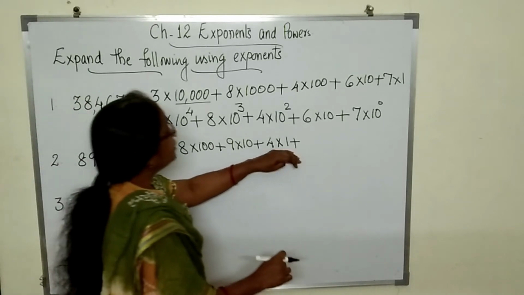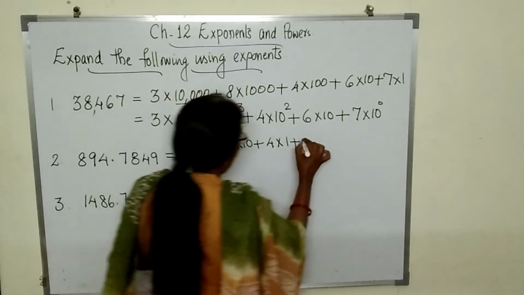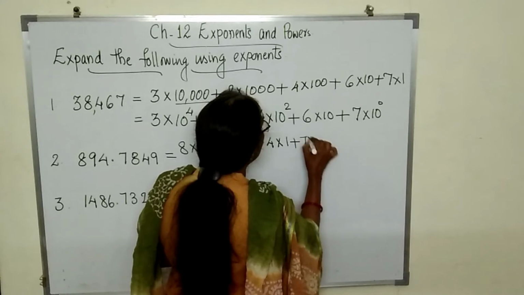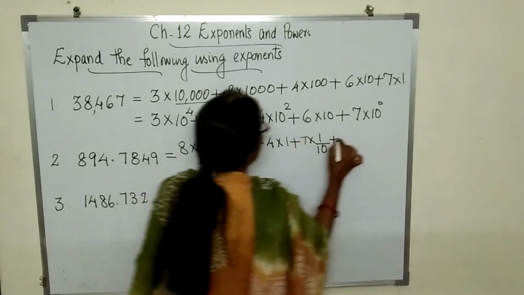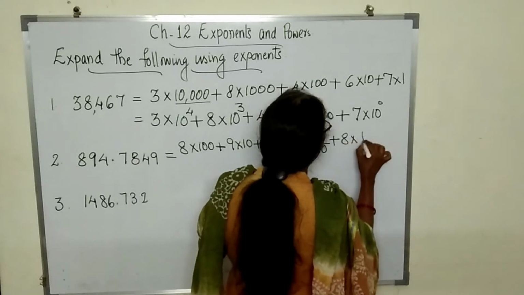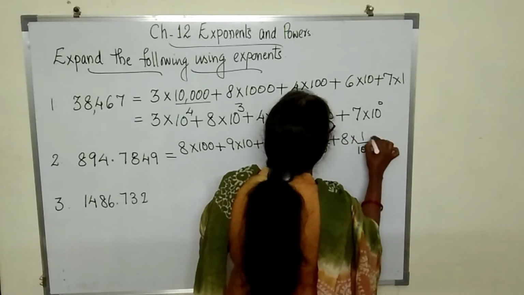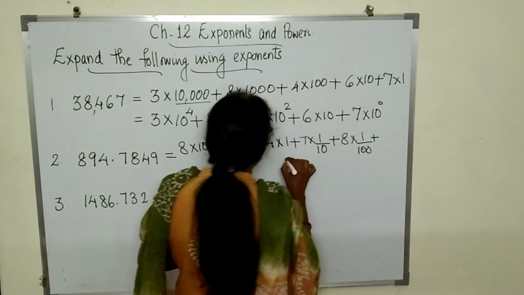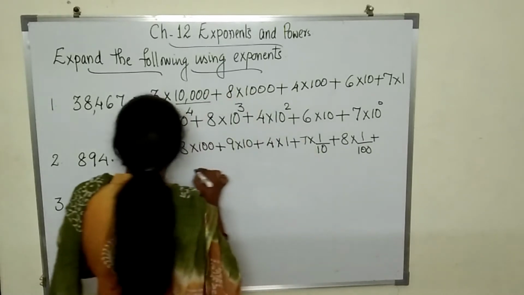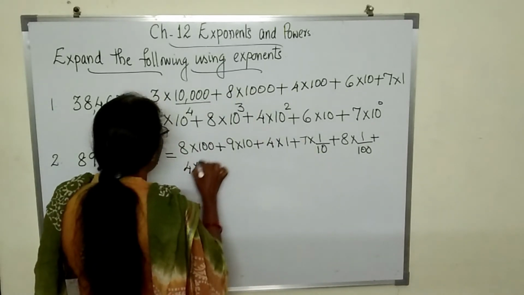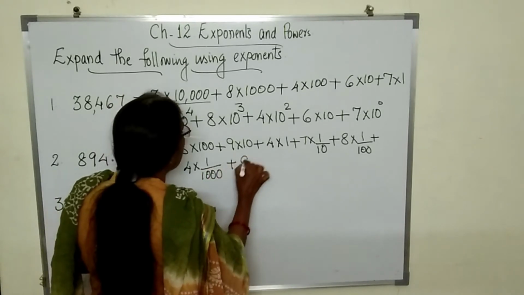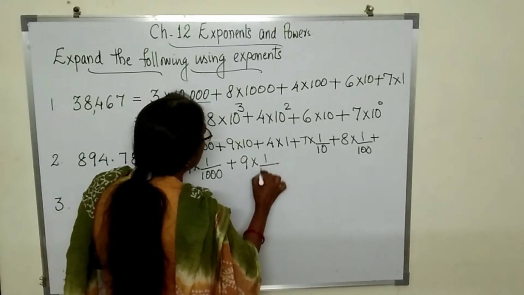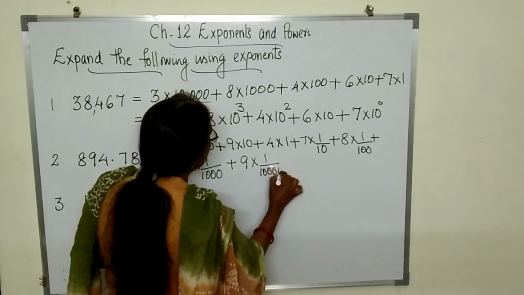Now we have reached 1, so 7 into 1 upon 10, plus 8 into 1 upon 100, plus 4 into 1 upon 1000, plus 9 into 1 upon 10,000.